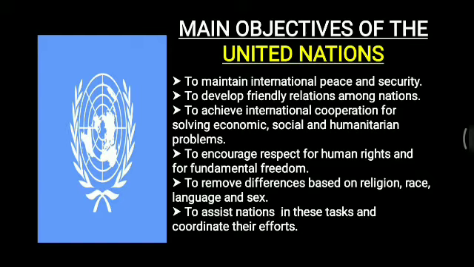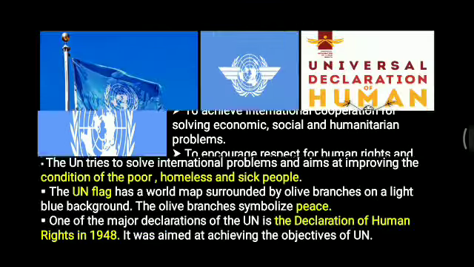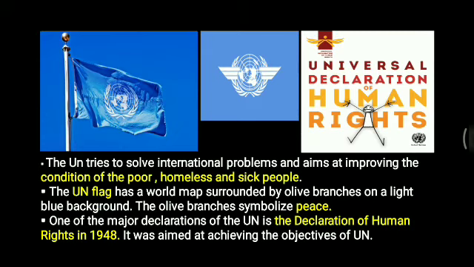So all these are the main objectives of the UN. Along with this, the UN tries to solve international problems and aims at improving the condition of the poor, homeless and sick people.